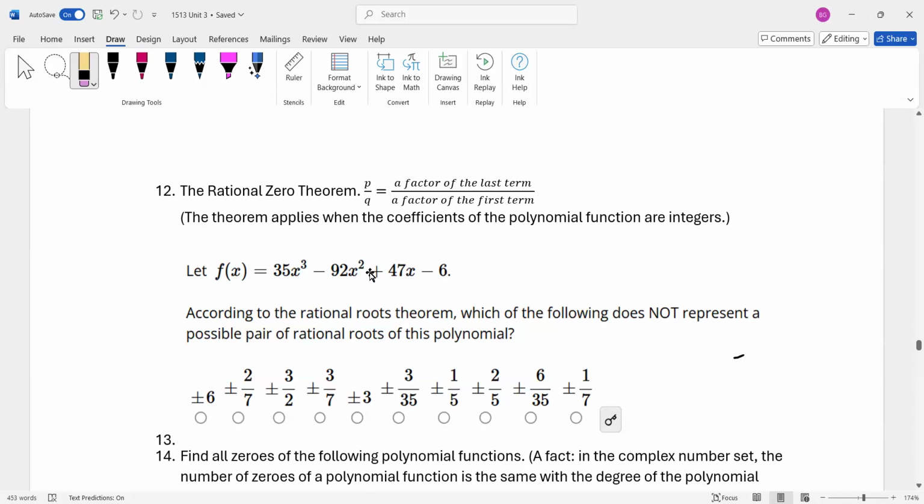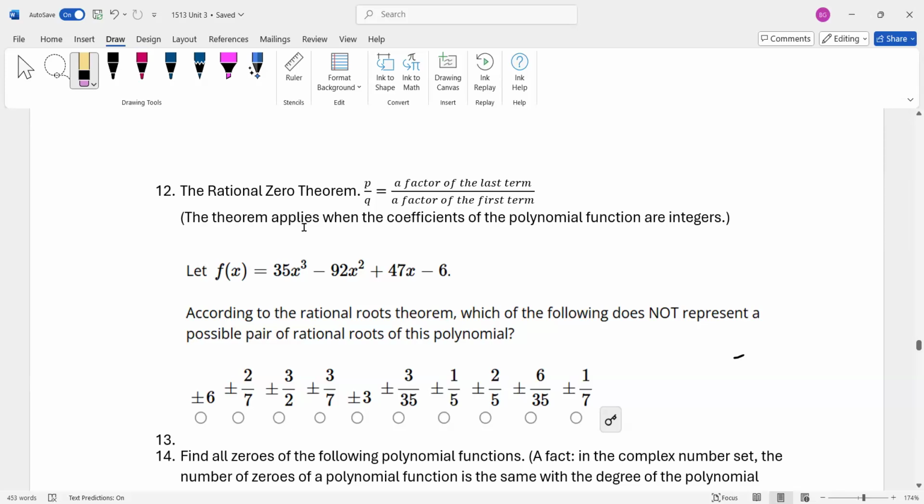It means the zeros we find are possibly actual zeros, but they might not really be; they potentially could be the zero. And also those zeros have to be rational. This theorem does not help us if the polynomial function has an irrational zero or non-real complex zero, like a plus bi.